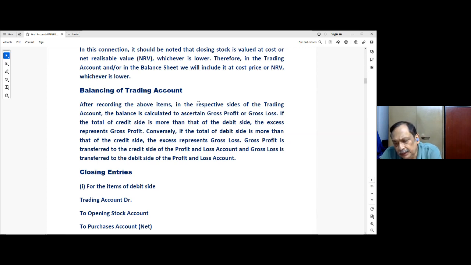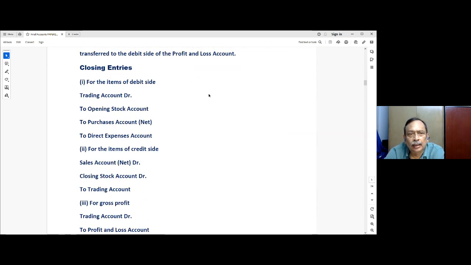Now we are going to discuss closing entries. For the items of debit side, we are going to have the closing entry like trading account debit to opening stock, to purchase account net, that is purchase less returns, to direct expenses account.